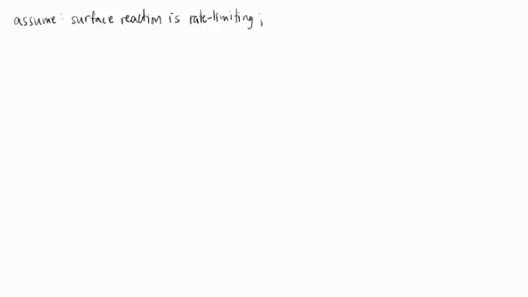This time, we say that the net rate of consumption of cumene is equal to the net rate of surface reaction, which we have determined earlier to be equal to small ks multiplied by the concentration of the active sites with cumene minus the concentration of the active sites with benzene times the concentration of propylene all over capital Ks.